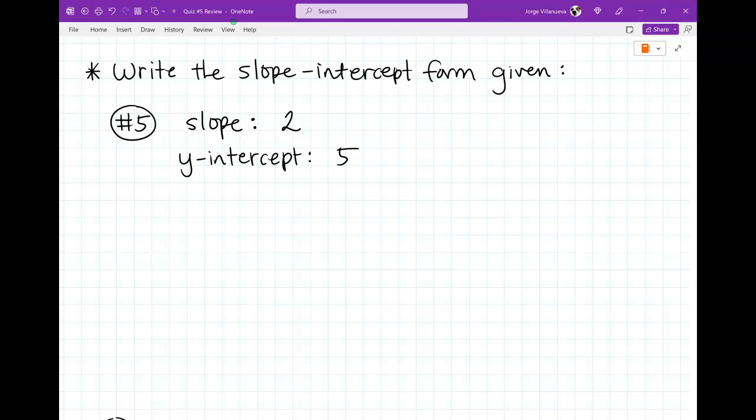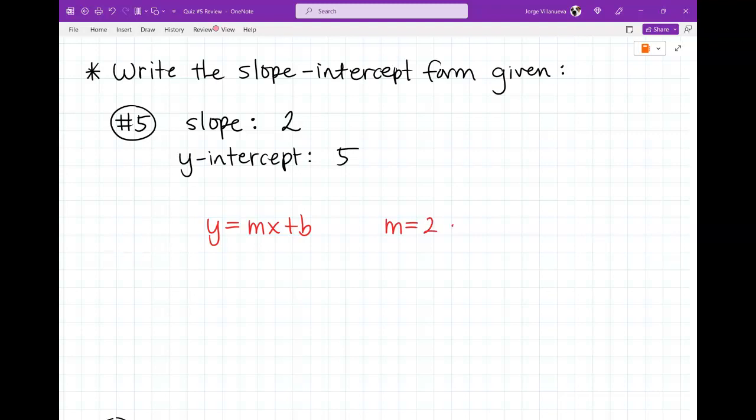Now the rest of these all have to do with this instruction. Write the slope intercept form given. So y equals mx plus b given certain information. Now number 5 is really, really simple. They give you everything you need for it. Okay? Remember, I'm going to put y equals mx plus b. That's my goal. And notice they gave me m.